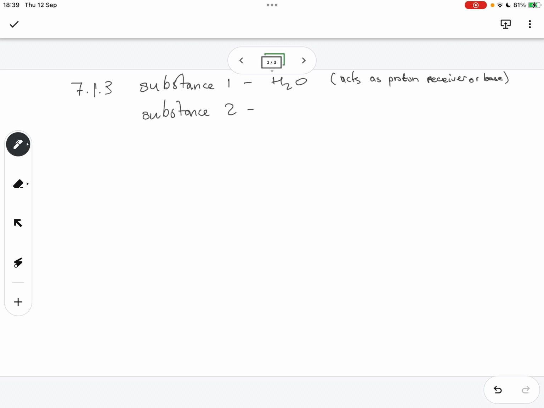Okay. So I agree, an amphoteric substance can act as either base or acid. So from this reaction, here, this is acting as a base. So it receives a proton and then it becomes something else.